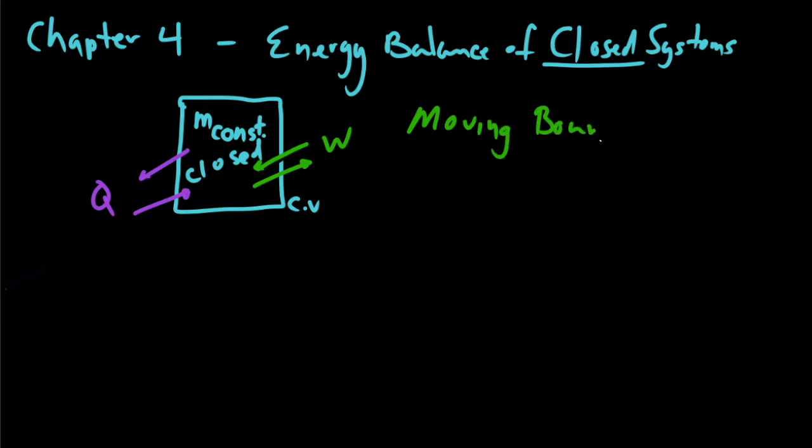A closed system with a moving boundary. A closed system doesn't have to be just a rigid tank. It could be moving, going up or down, increasing or decreasing in volume, as long as the mass stays constant inside.